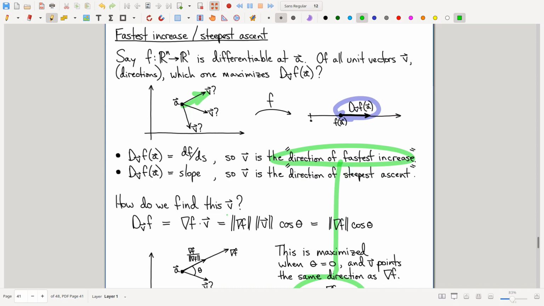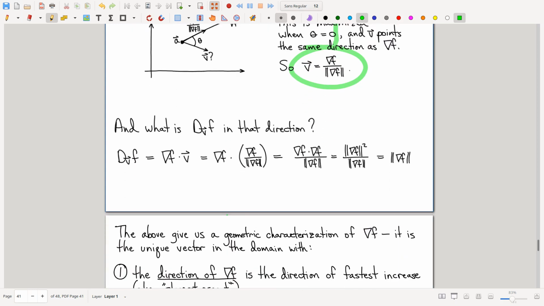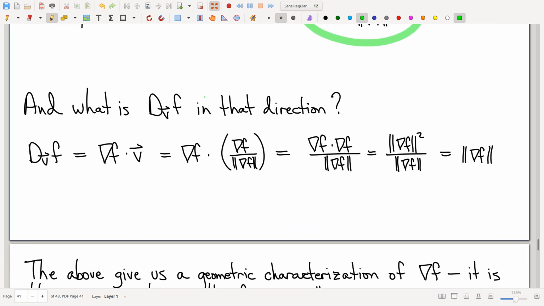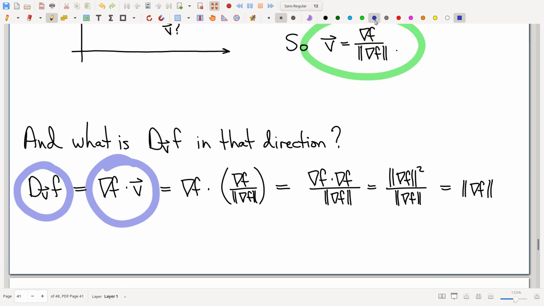Okay, reasonable question. And easy to compute because, again, the thing I want to know how big it is, the directional derivative, is computed with a dot product. The vector v is gradient divided by the magnitude of the gradient.